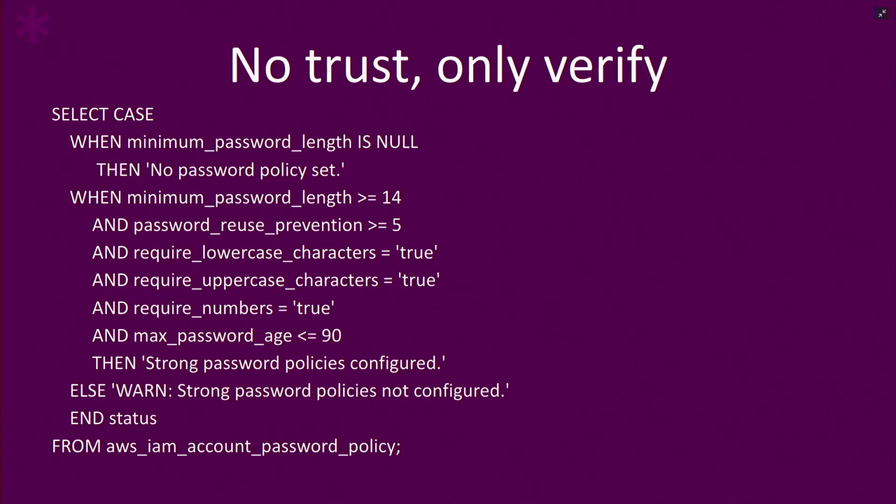In this case, how we verify is we check all these conditions: if minimum password length is greater than or equal to 14, you can't reuse the last 5 passwords, it requires lowercase characters, uppercase characters, and even numbers, and the maximum password age should be less than or equal to 90. If it meets all these conditions, then yes, a strong password policy is configured. Otherwise, give a warning.